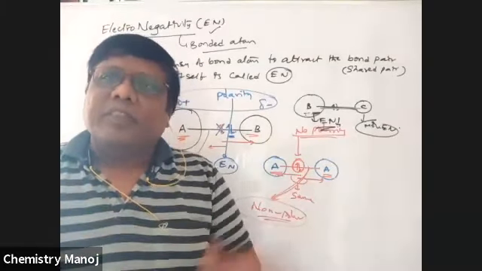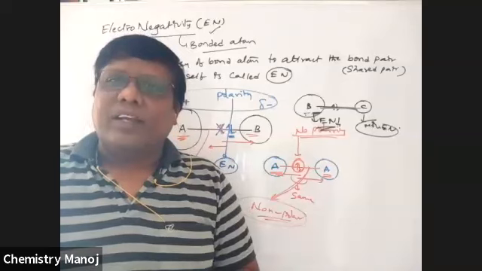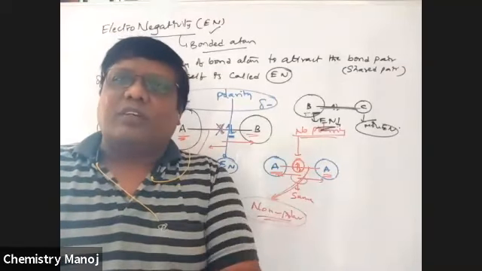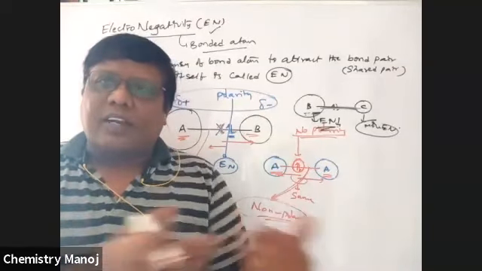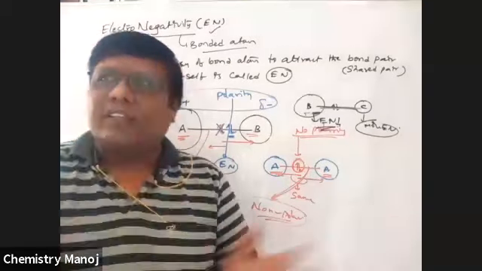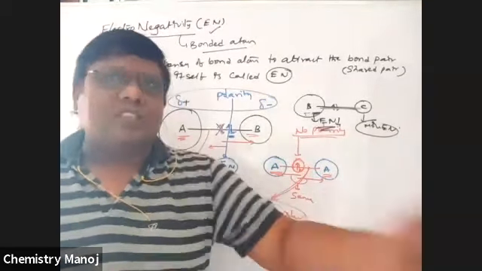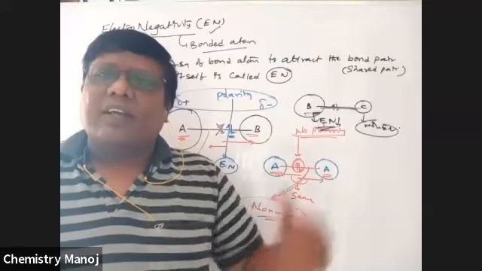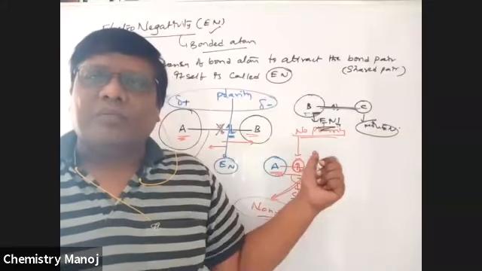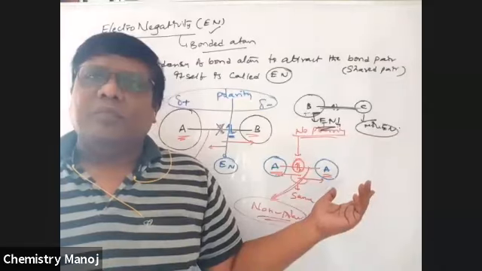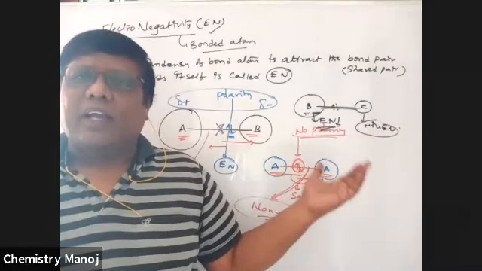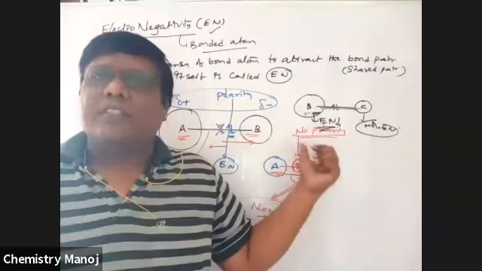Compared to one girl, she is beautiful, and compared to that, the other is more beautiful. Just like that, compared to that atom, this one is more attractive. That's enough to explain electronegativity.